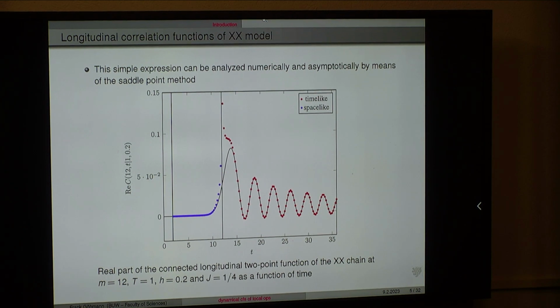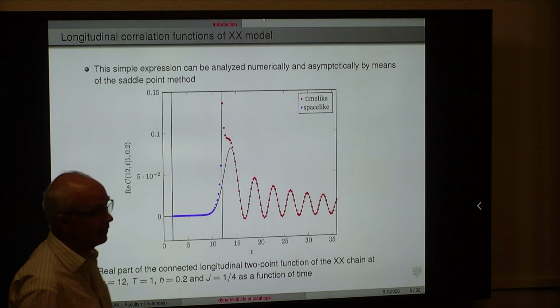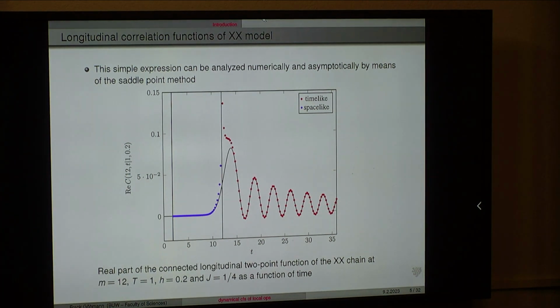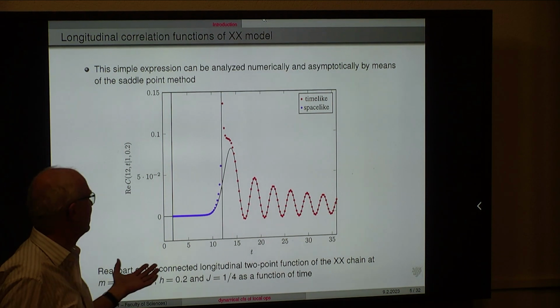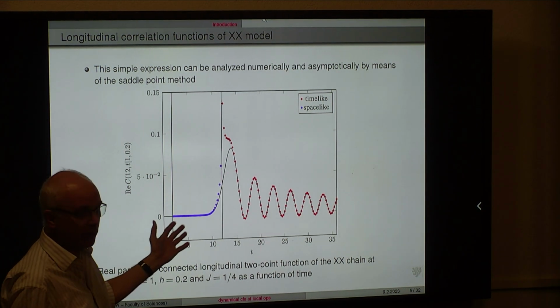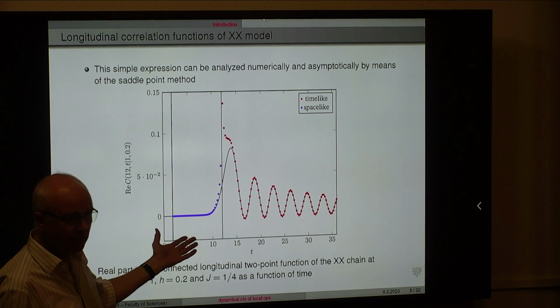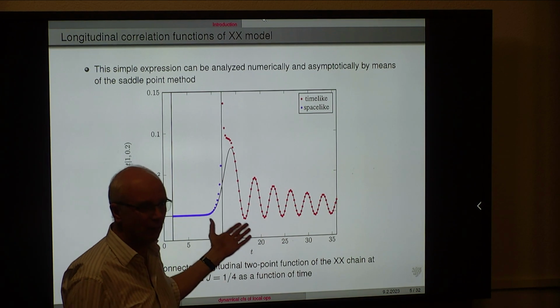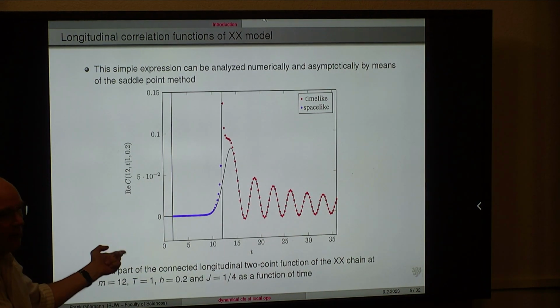There is a light cone, there is a time-like regime and a space-like regime, and the typical Stokes singularity where they meet. This shows you how powerful this saddle point analysis is. On the other hand, it shows you typical behavior. So if you introduce interaction, the formulas are much more complicated, but the physics will be the same. So the curve will be qualitatively the same.